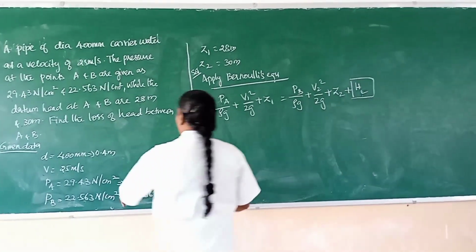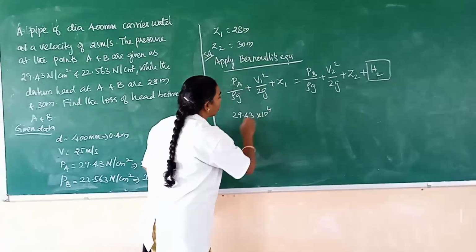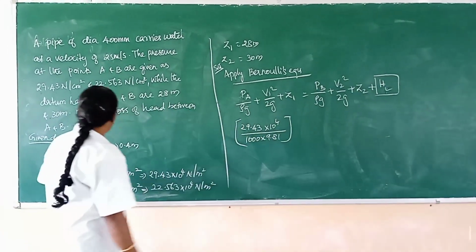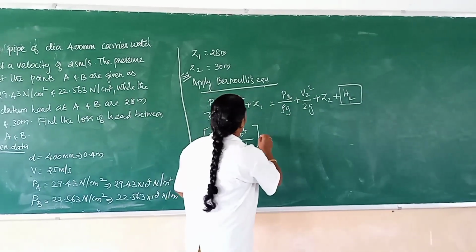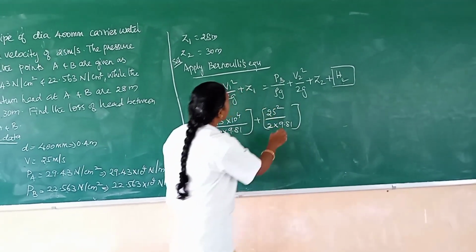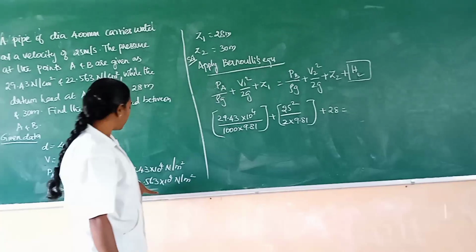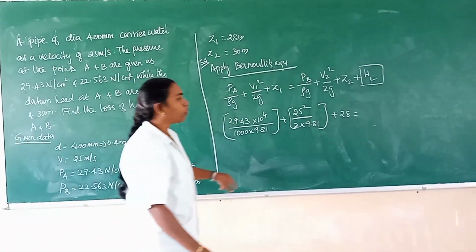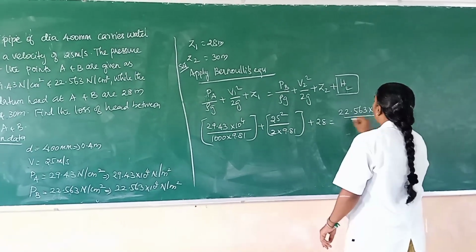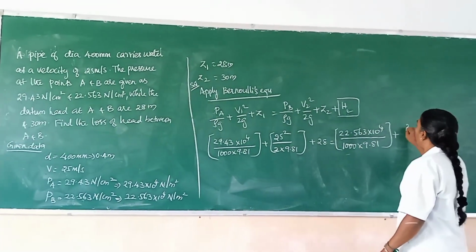So you can write PA is equal to 29.43 into 10 to the power of 4 divided by rho value 1000 into 9.81, plus velocity is given as 25 meter per second, plus 25 squared by 2 into 9.81, and Z1 value is given as 28 meter, is equal to PB, 22.563 into 10 to the power of 4 Newton per meter square, divided by 1000 into 9.81, plus V1, V2 both are same.